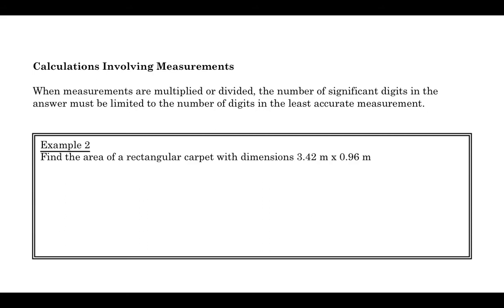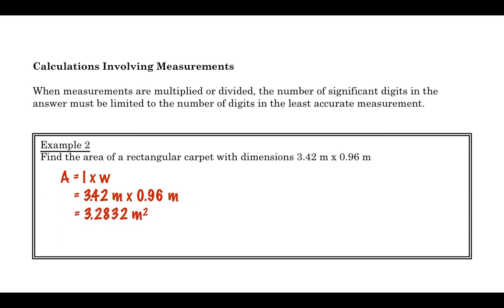What we have here is an example that will show us basically what we're talking about. There's a carpet, and it's got these dimensions, 3.42 meters by 0.96 meters. When we calculate the area, we do a quick multiplication, length times width, as you know, and we'd say 3.42 times 0.96.